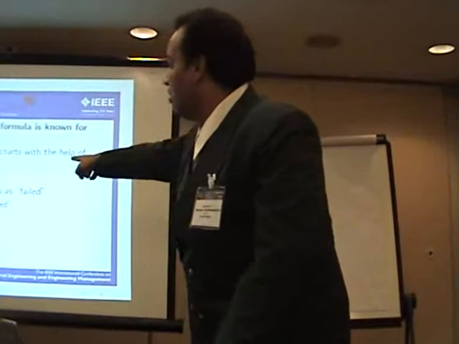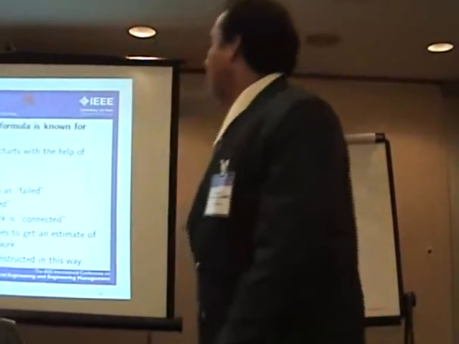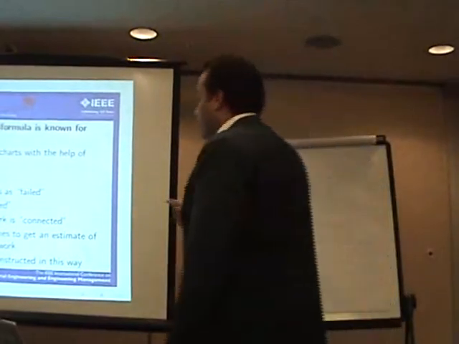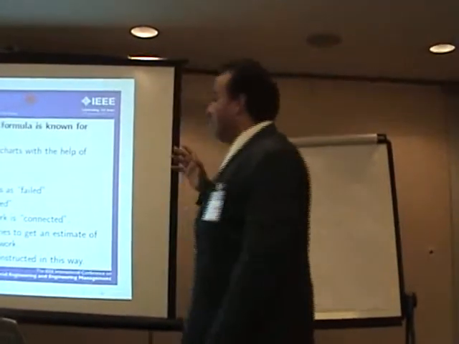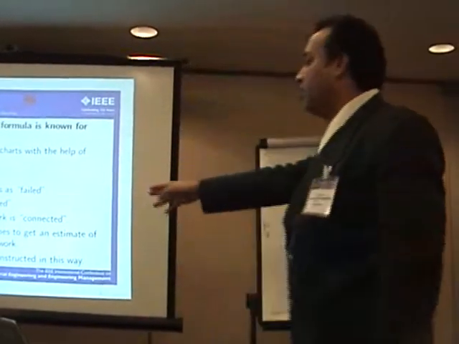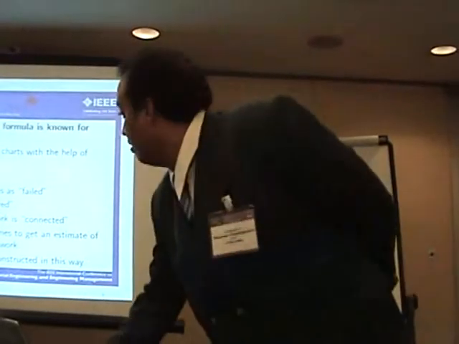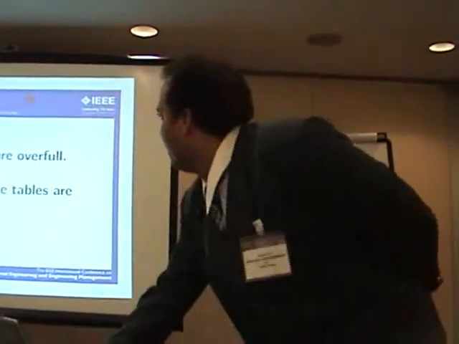Despite the failure of those nodes, I check if the network is still covered, and using depth first search, I check if the network is connected. I repeat this exercise several times to get an estimate of the robustness of the network, and I prepare detailed design charts in this way.